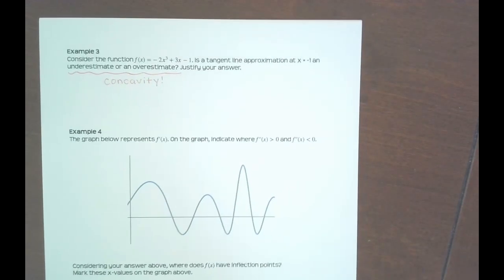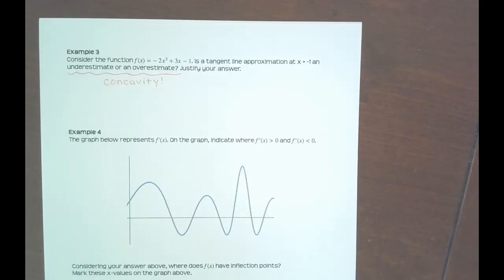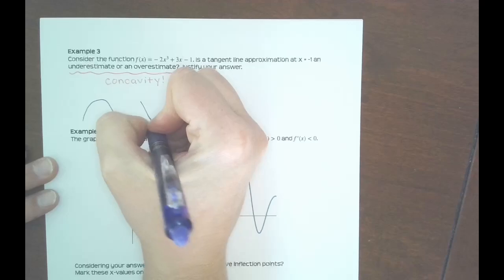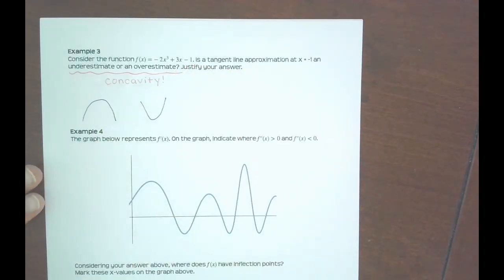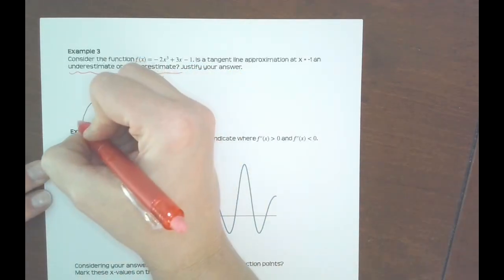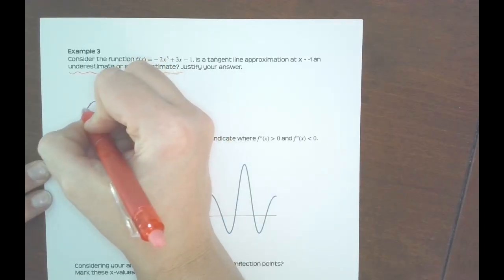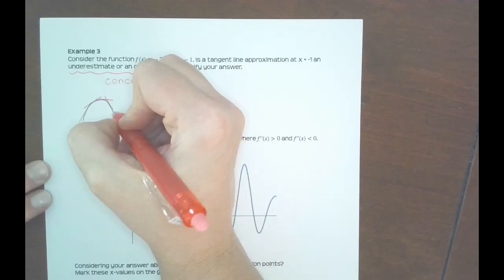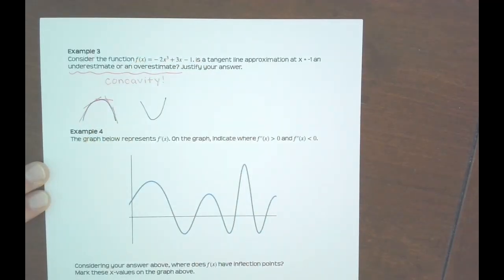Okay. So as soon as you see that question, know that what I really want to know is, what direction is the concavity going? Here's why. Here's a graph that's concave down, and here's a graph that's concave up. If you think about where the tangent lines go, anywhere on this graph that's concave down, when I draw myself a tangent line, that line is sitting up above the graph, right?